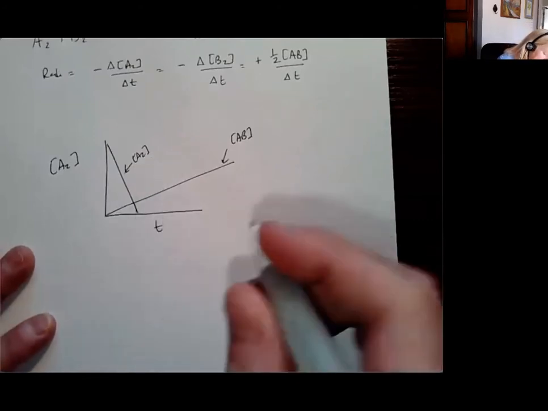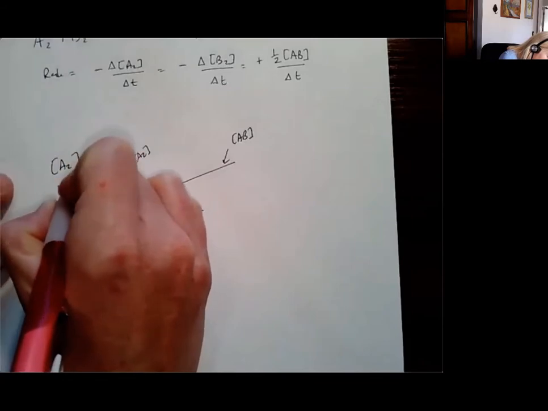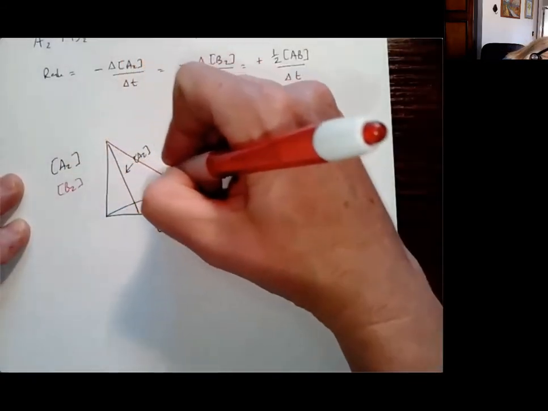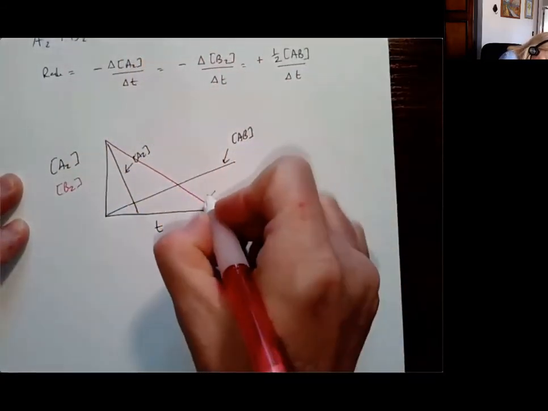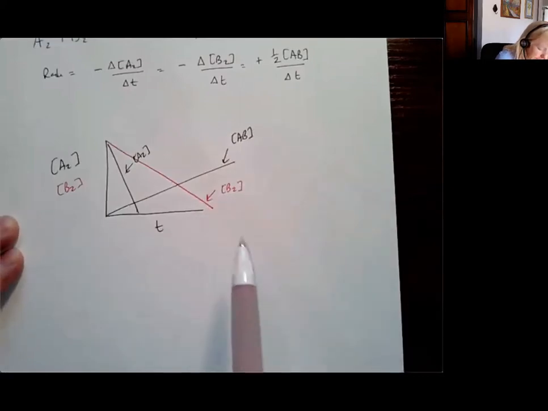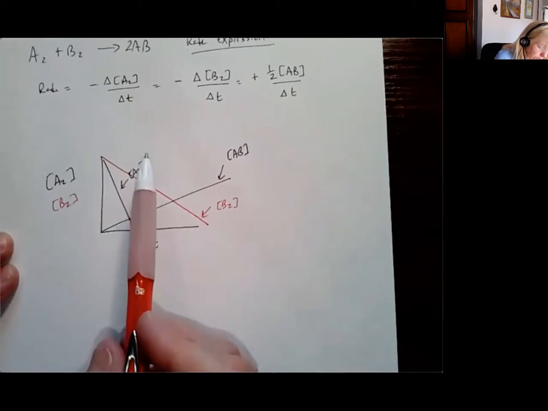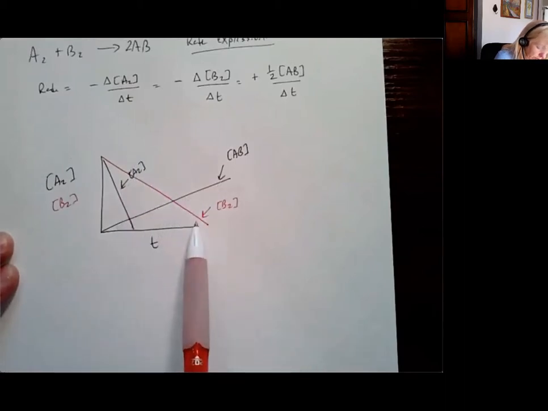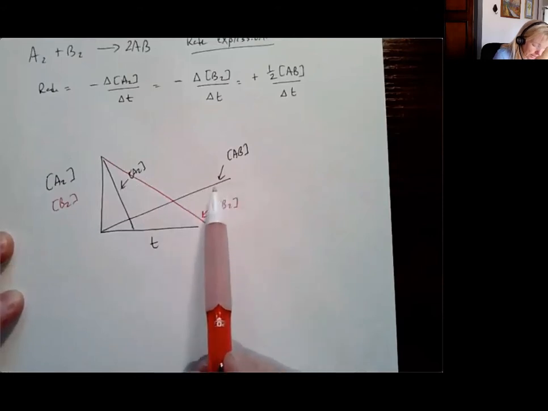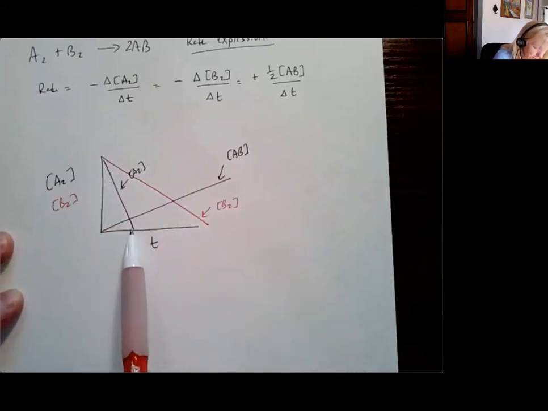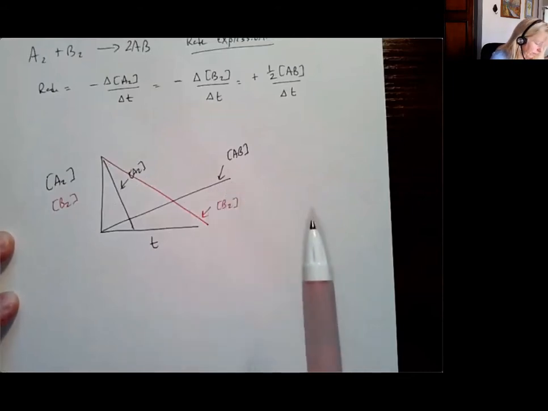Maybe I look at B2, and B2 looks something like this. And so now what this means to me is that B2, this reactant here, is really controlling the rate of that chemical reaction, because as this goes down, it looks like this is going to go up at the same rate, whereas A2 is being depleted very fast, but that's not really affecting the overall rate of that reaction.